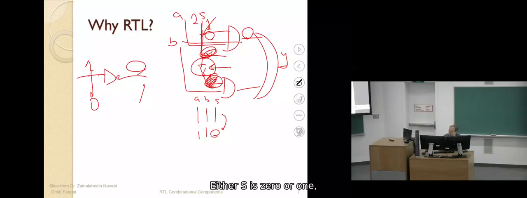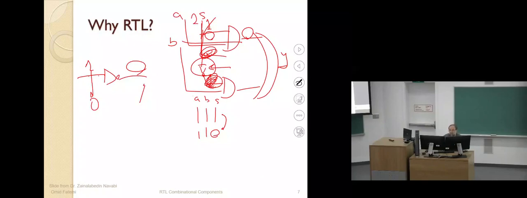Either S is 0 or 1, the output should be 1. But when S becomes 0, we were trying to make S 0 to select B to go to output. So we made S 0, but at this time, instead of B going to the output, 0 goes to the output, and it's bad. It is hazard.